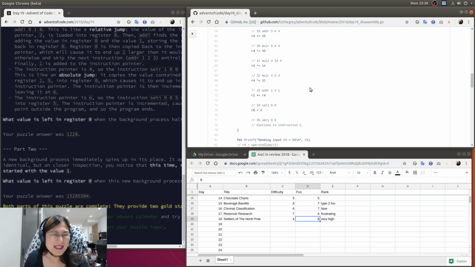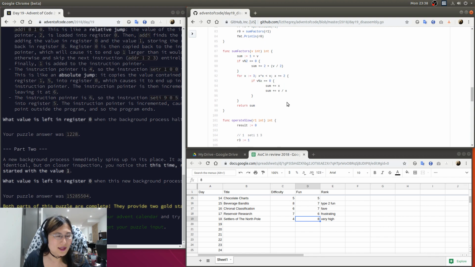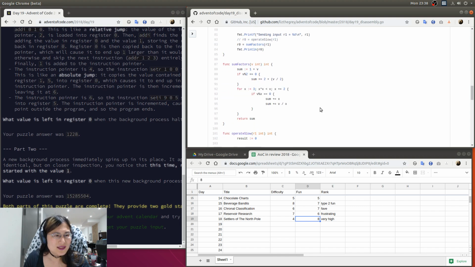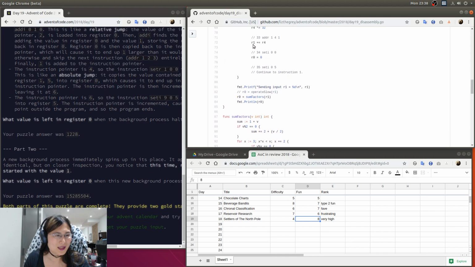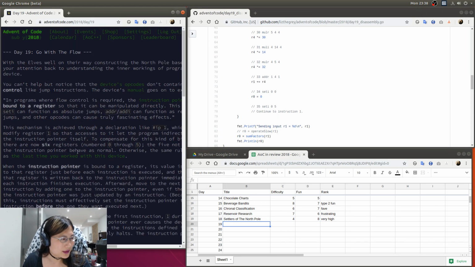However, we have division in Go, so it turns out that we can compute the factors and we can add the sums and get the sum of factors relatively easily, just emulating that particular function within the disassembly. So I thought that was pretty fun. I really enjoyed getting a chance to do a little bit of disassembly. It felt like good detective work. It felt pretty fun. But it was modestly difficult, I'd say.